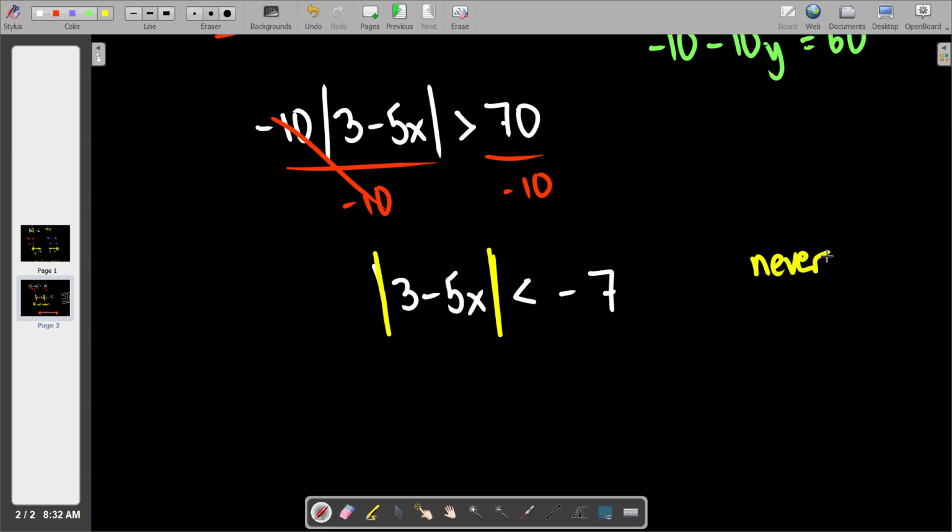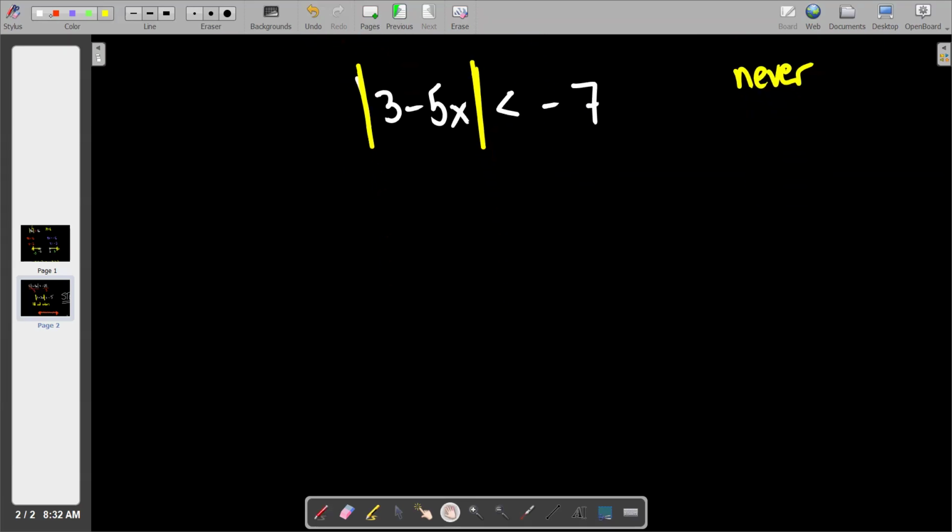Never. Because the lowest it's ever going to give me in a trillion years is 0. He's like, I'm sorry, I'm not capable of producing anything less than negative 7. I can't do that. For that reason, the answer to this problem is that there is no solution. The inequality cannot be solved.